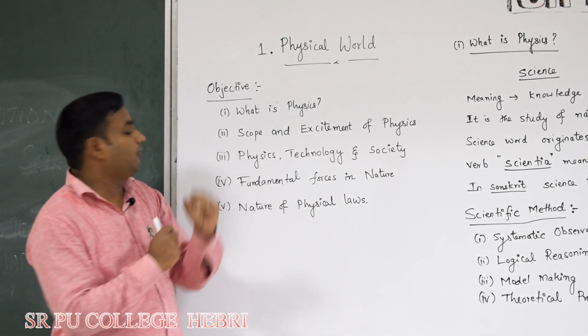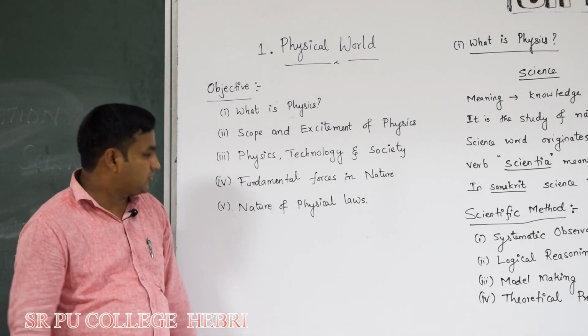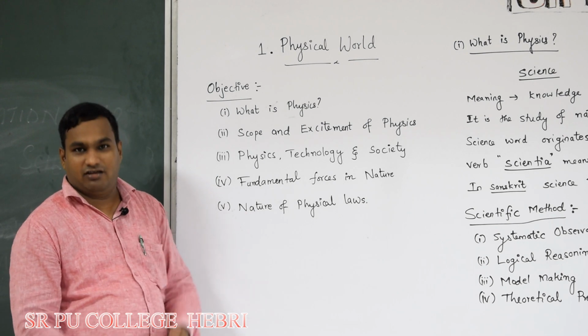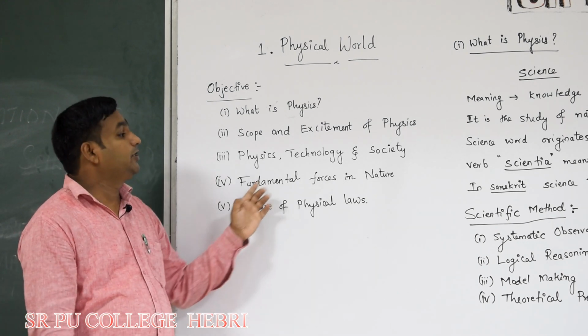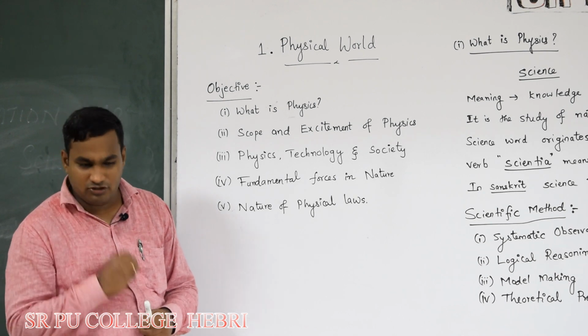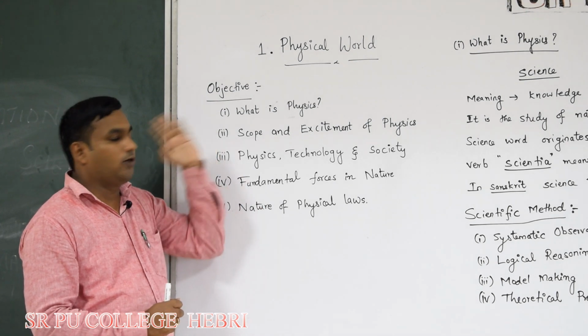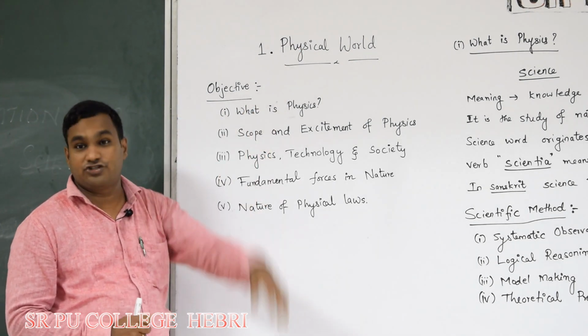Fourth important thing, as I already said, the fundamental forces in nature. Basically, there are 4 fundamental forces in nature. About that, we're going to discuss under the fourth important objective part of the physical world chapter.